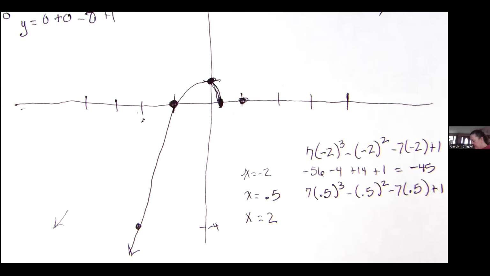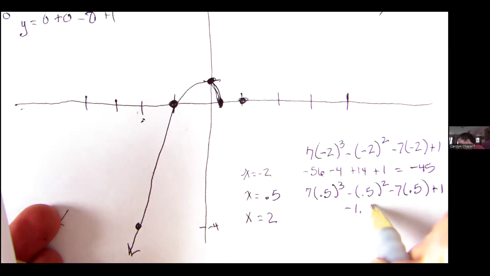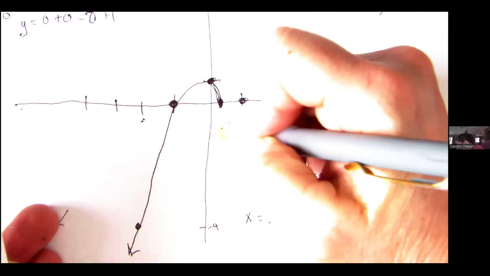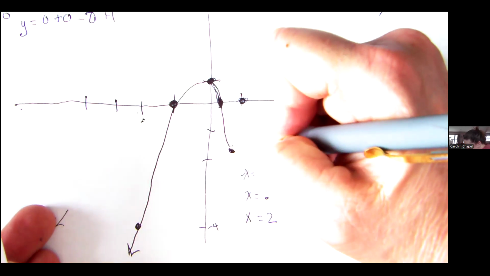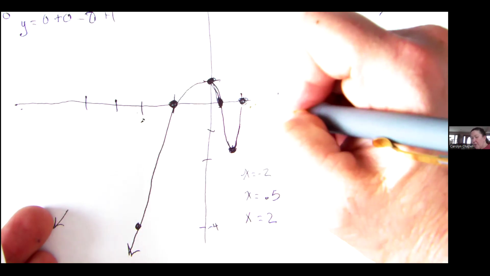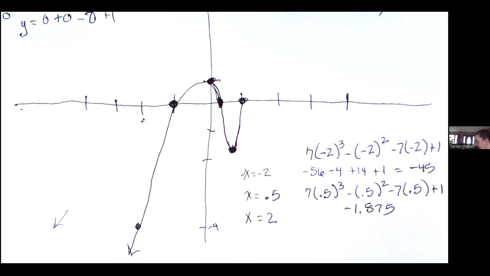So 0.5 to the third times my 7, minus my 0.5 squared, minus 7 times 0.5, plus 1. And I get a negative 1.875. So if there's 1, there's 2, there we go, somewhere in there. So it's going to come down. I don't know if that's where it turns or if it turned a little sooner. It does not really matter to me when I'm graphing these.